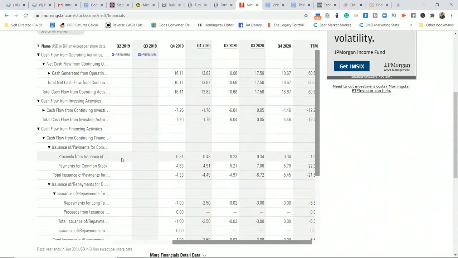Okay, this to me, this is all important. Seeing the change over time from their operations and their investing activities, super important.